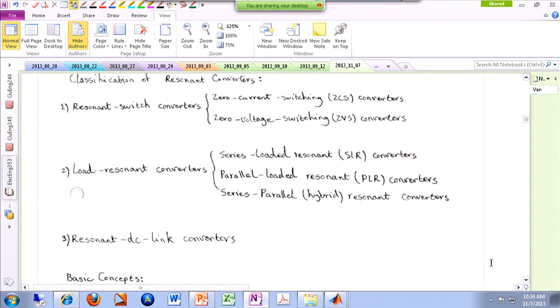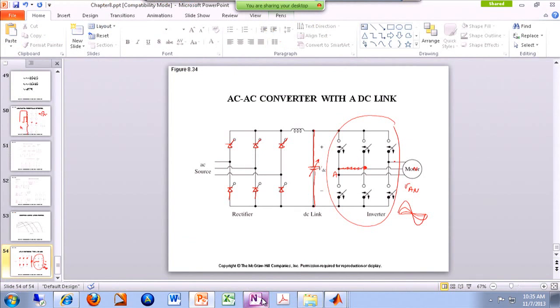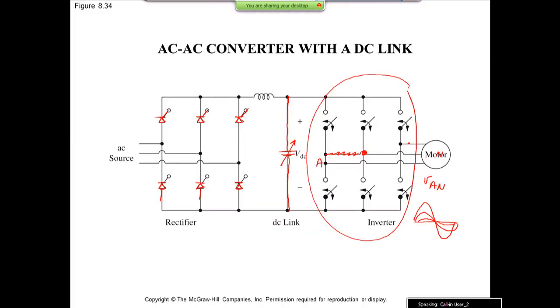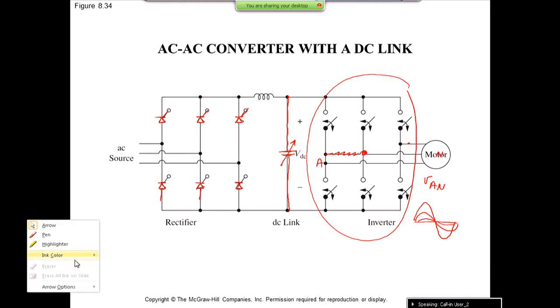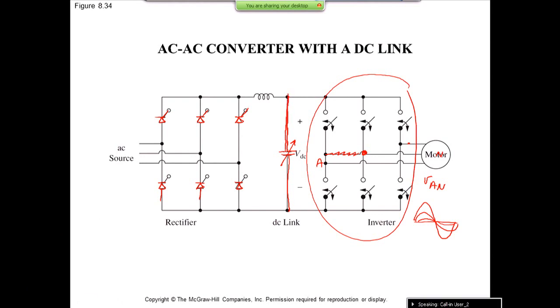And there's a third category called resonant DC link converters. That means the DC link that you have, for instance, we had a DC link voltage over here. We have this DC link over here, and the voltage of this DC link is almost constant.